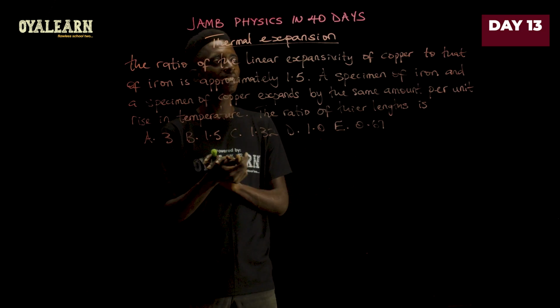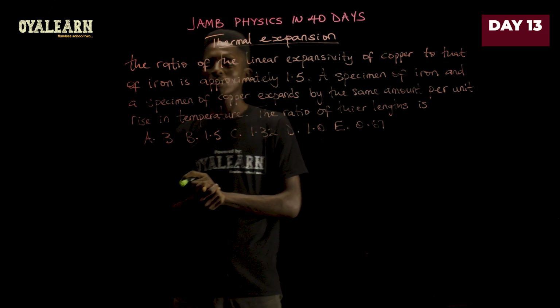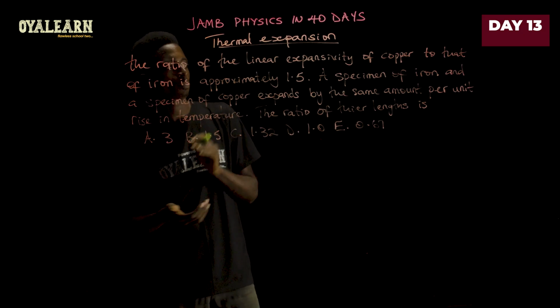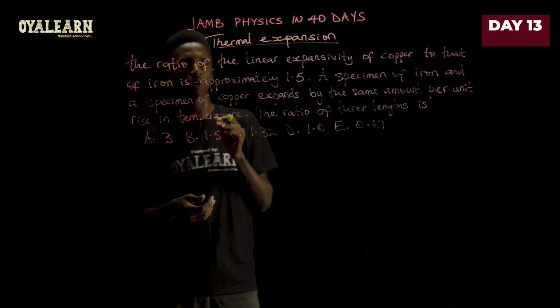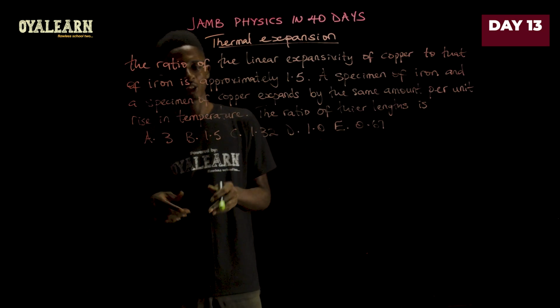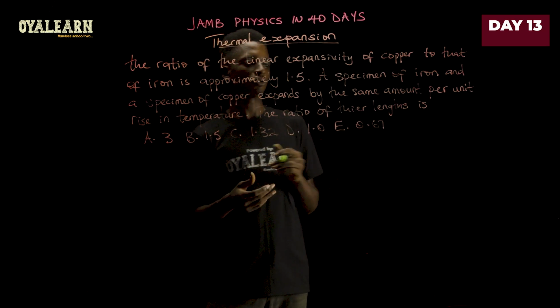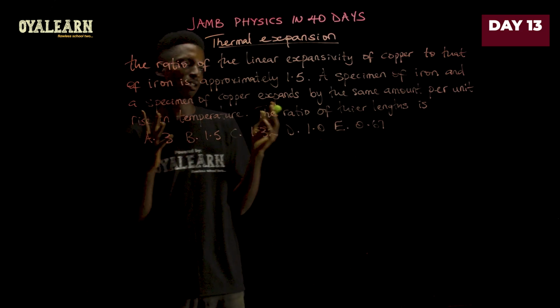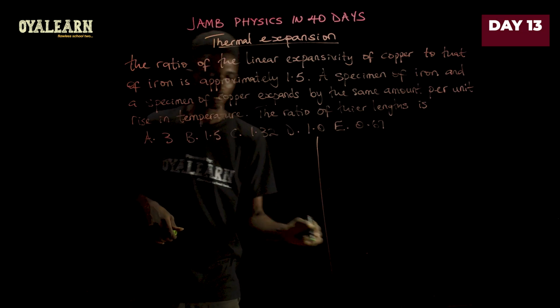The ratio of the linear expansivity of copper to that of iron is approximately 1.5. Now, a specimen of iron and a specimen of copper expand by the same amount per unit rise in temperature. So the ratio of their length would then be, so let's find the ratio of length of these two specimens.